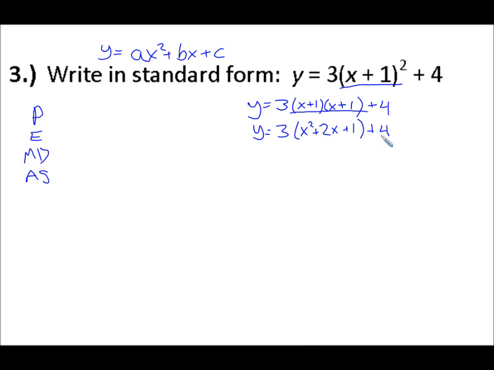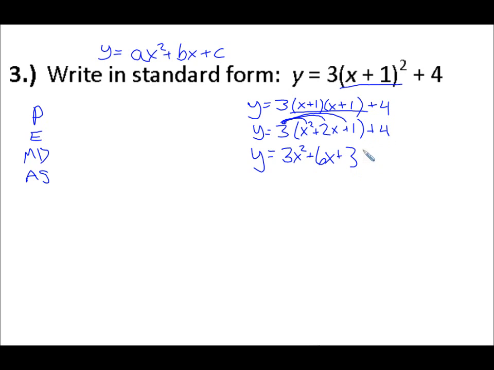And continue doing the order of operations. So we've already expanded that out. The next thing we need to do is multiply this 3. It's a distribution problem. The 3 needs to get multiplied by every term. So 3 times x squared is just 3x squared. 3 times 2x is 6x, 3 times 1 is 3.